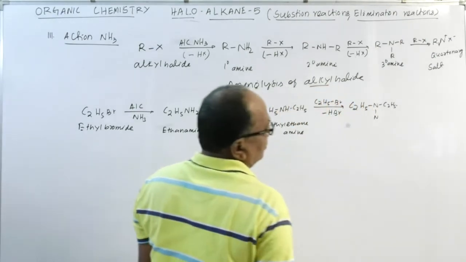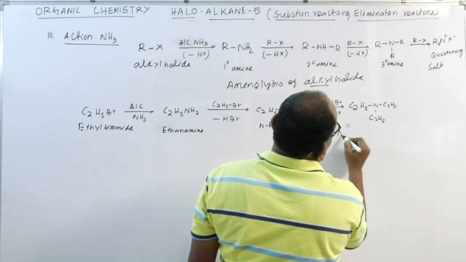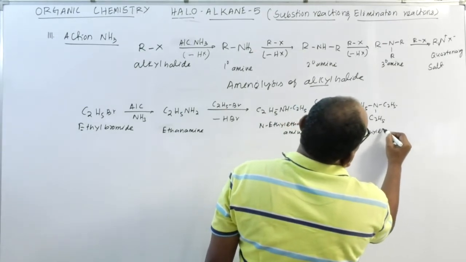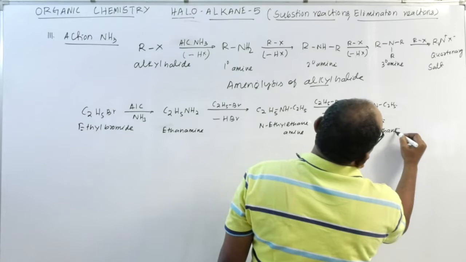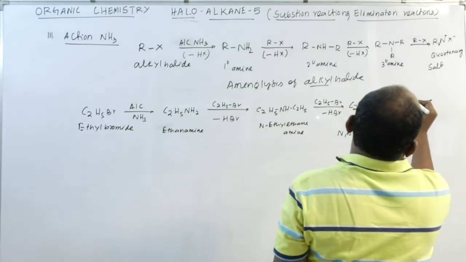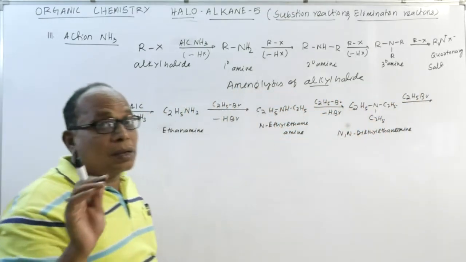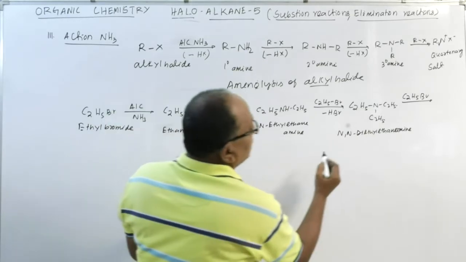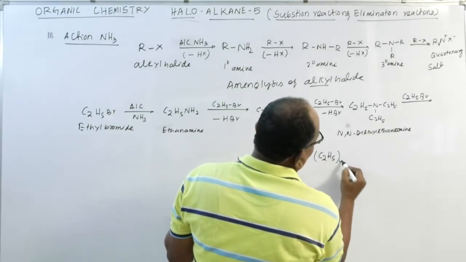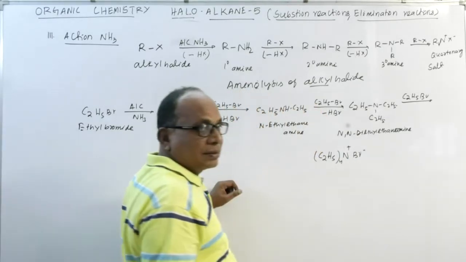This is called N,N-diethylethanamine, and it further reacts with another molecule of ethyl bromide. It gives a stable salt, that is called quaternary salt. It gives you (C2H5)4N+ Br-.